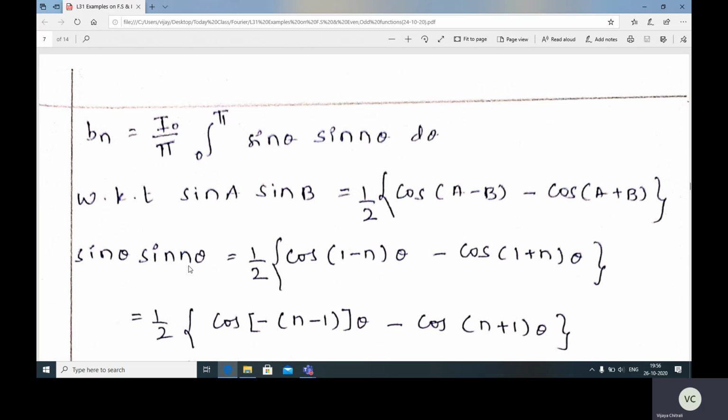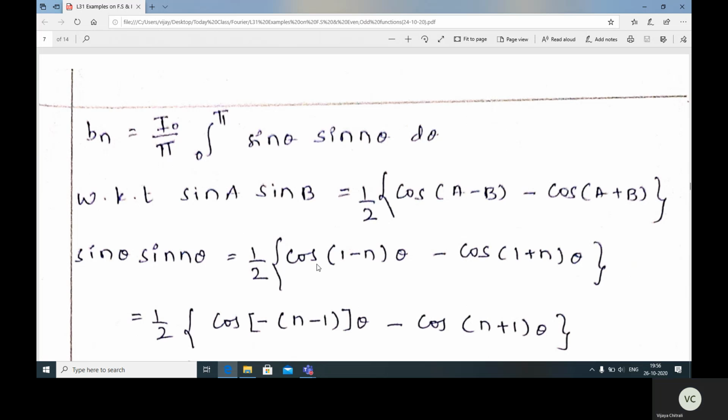Sine theta sine n theta is equal to 1 by 2, where a is theta and b is n theta.